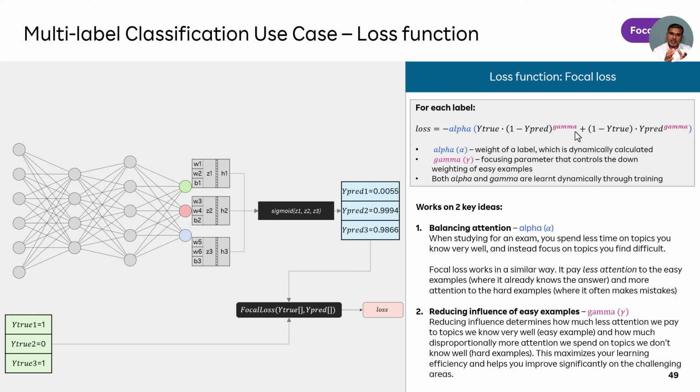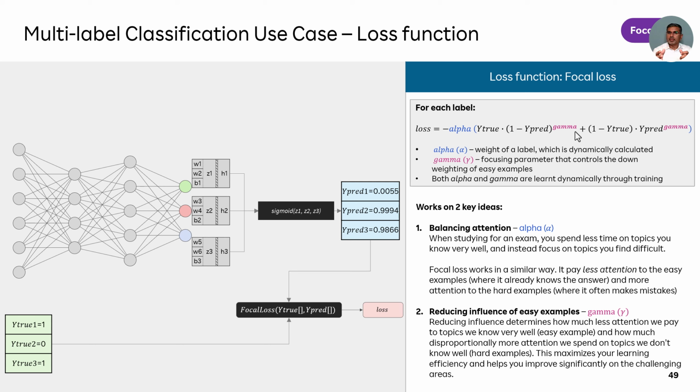So again, in a nutshell, if you look at the multi-label classification use case, you would use softmax as your output function, and you would use multiple types of cross entropy loss functions, whether it is the straight cross entropy loss function, the weighted cross entropy loss function, or the focal loss function.